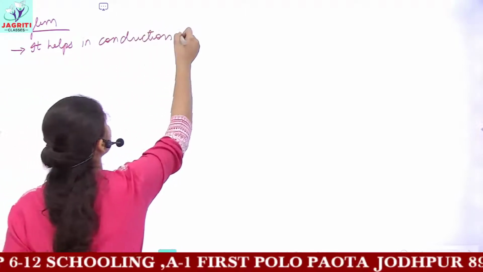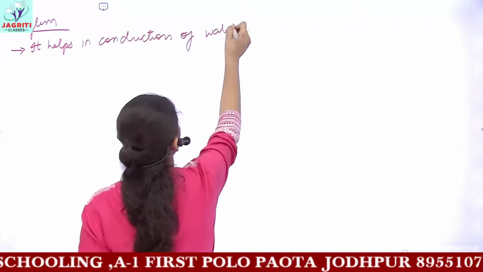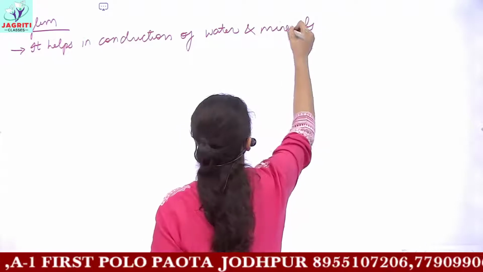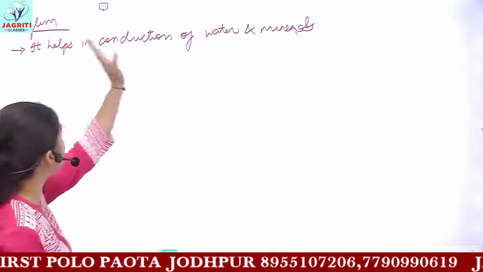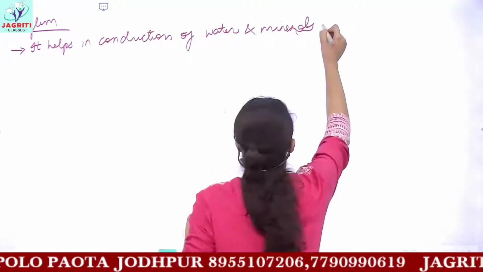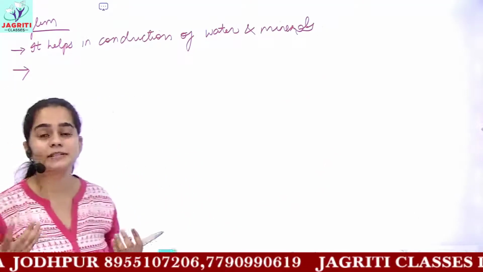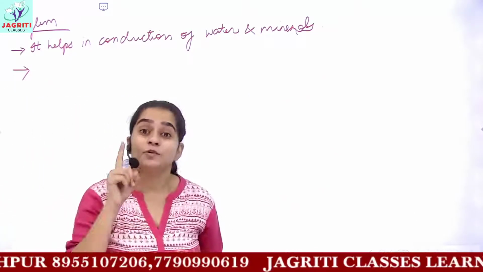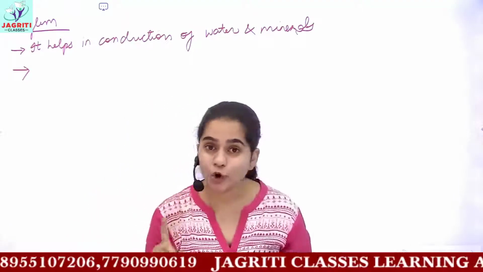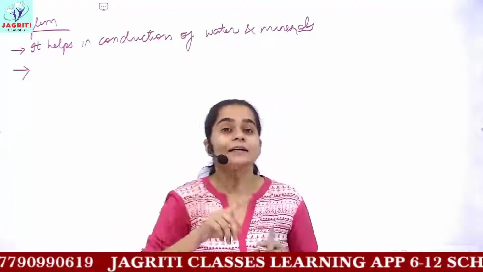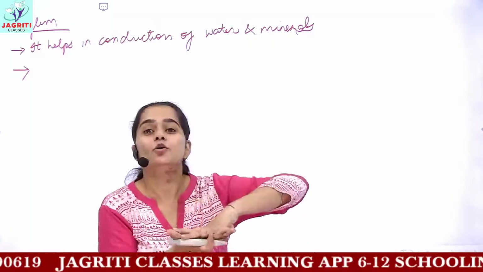It helps in conduction of water and minerals, those minerals which are soluble in water. Then, as you know, where does water come into the plant from? Roots are responsible for absorbing water from the ground. So the source of water would be roots or the soil.